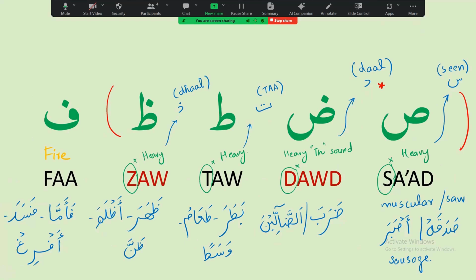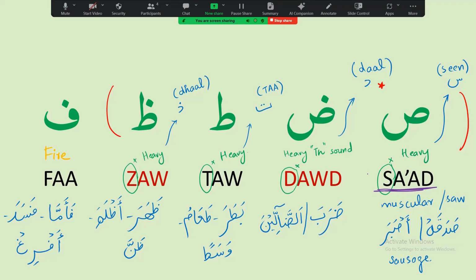In the transliteration that I have written here for the name of this letter, at the start you see that I have written S, but I have encircled it and marked a little cross on top of it because that is not exactly the way we are supposed to start making the sound of this letter. We are not supposed to start like sa, sa. We are supposed to fill our mouth with air a bit more and make a heavy start from the very start, rather than saying sa.